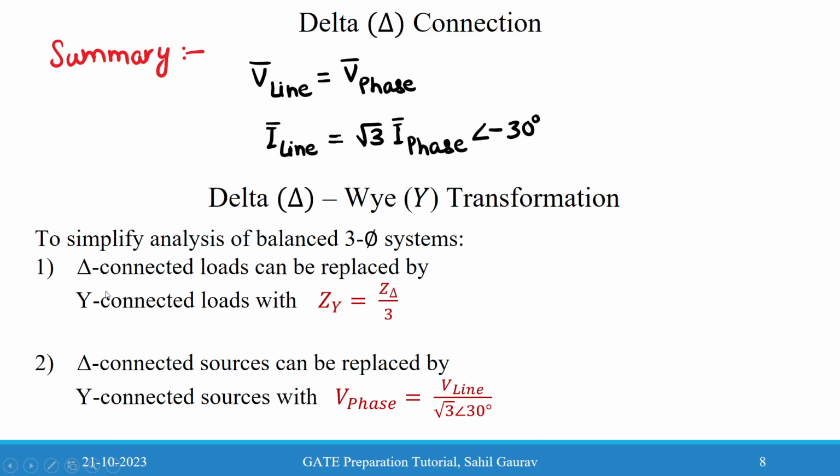A delta connected load can be replaced with a star connected load using Z star equal to Z delta divided by 3. That is, impedance in a star connection will be one third of the impedance in delta connection. And delta connected sources can be replaced by star connected sources with phase value as V line divided by root 3 at the angle of 30 degrees.